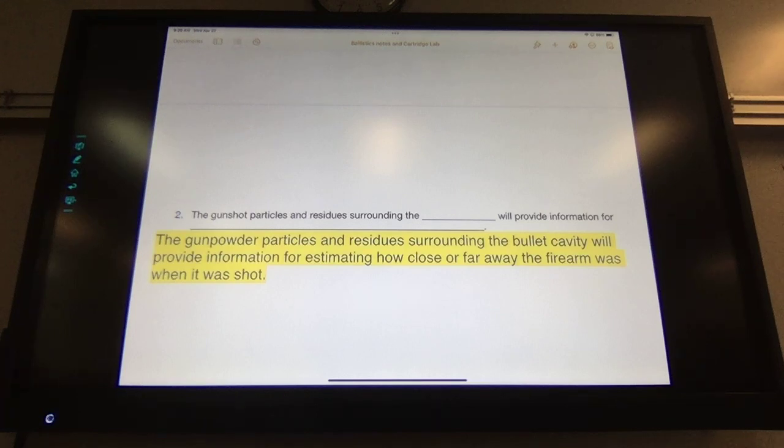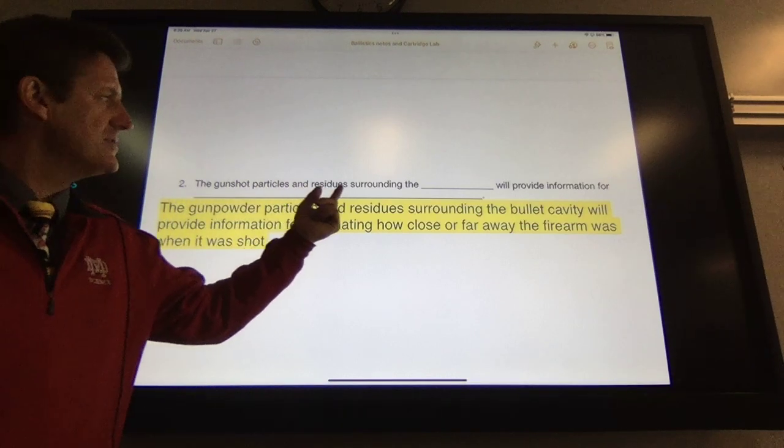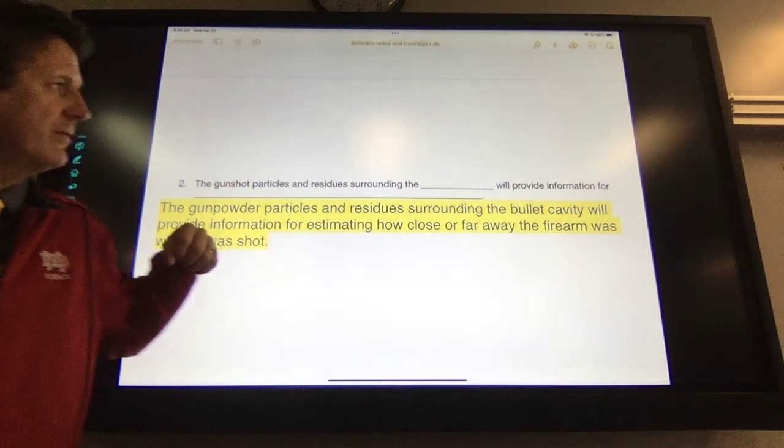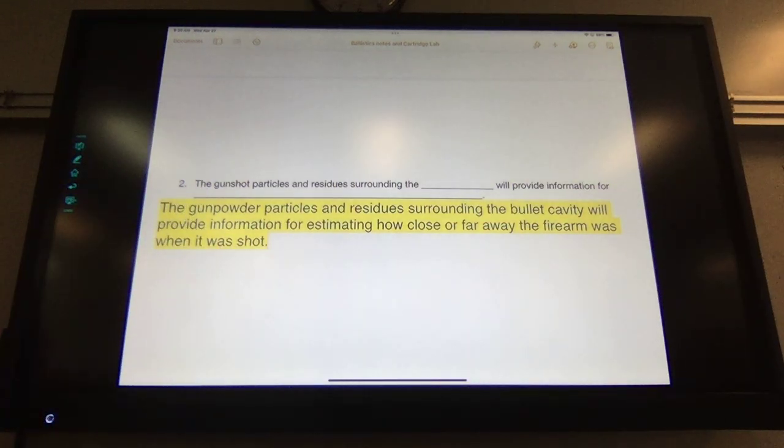It helps to determine how close or far away that the firearm was when they pulled the trigger. Gunshot particles and residue surrounding the bullet will provide information for how far away the gun was.